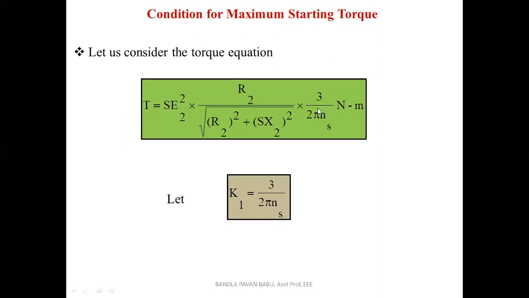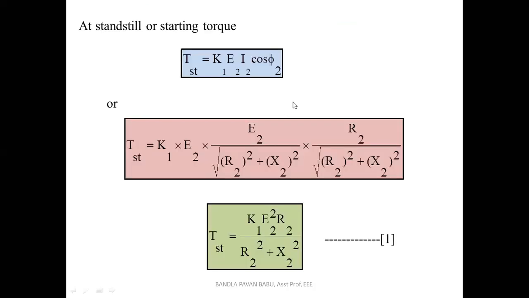What does it mean? The slip varies from 0 to 1, so the torque also gets varied. Because mechanical loads are applied to the motor, the speed may vary, and the rotor rotation also varies. Then what about the torque condition?